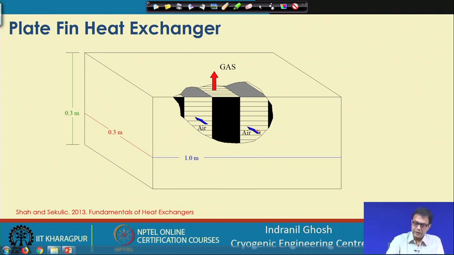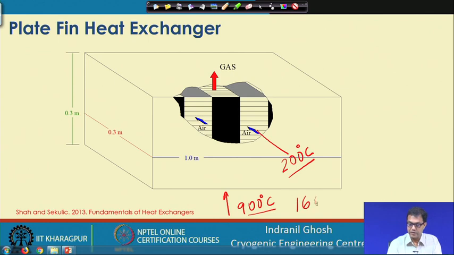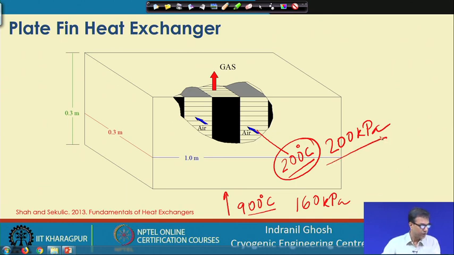We know that the air is entering at 200 degree centigrade, whereas the gas was entering at 900 degree centigrade, and we know the corresponding pressures. If you remember, the gas pressure was 160 kPa and the air side was 200 kPa.